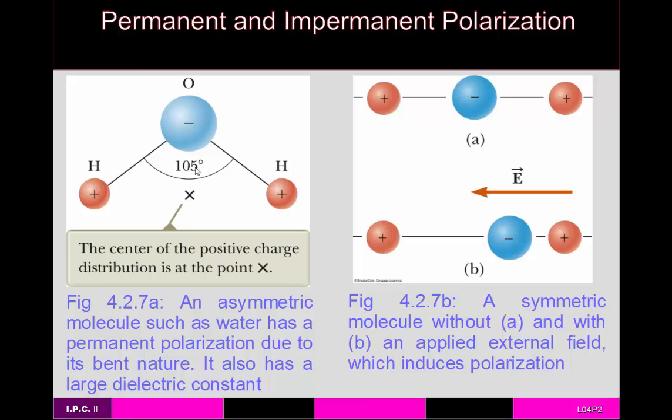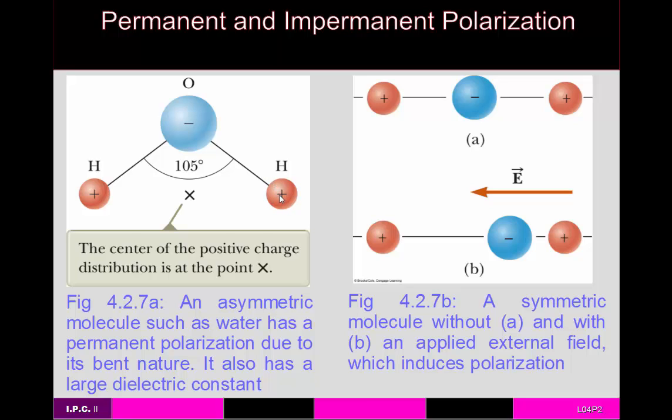So the center of charge is actually at this X right here. So that's where the center of charge distribution for the whole molecule is. It should be right below the oxygen atom, which is effectively negatively charged, whereas the two hydrogens are effectively positively charged in this case.